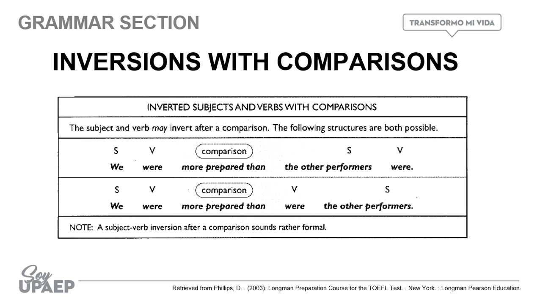Remember, when there is a subject-verb inversion after a comparison, the sentence is going to sound more formal. That doesn't mean that any of the options are incorrect, okay? In this case, just be careful not to double the subjects, okay?